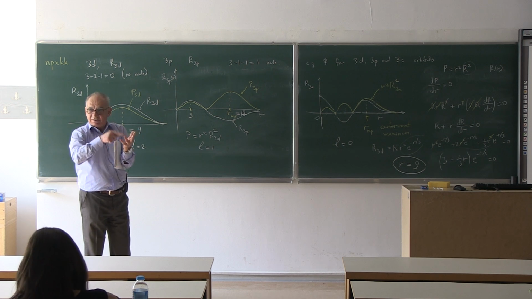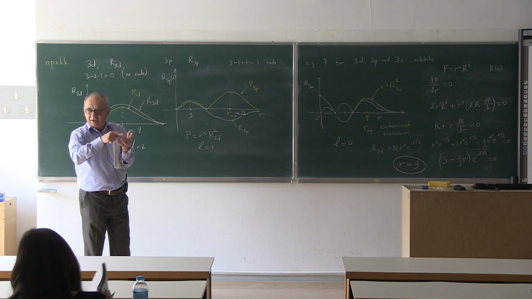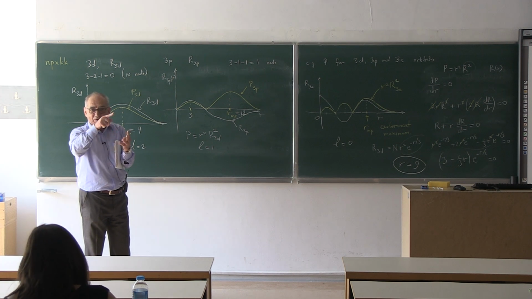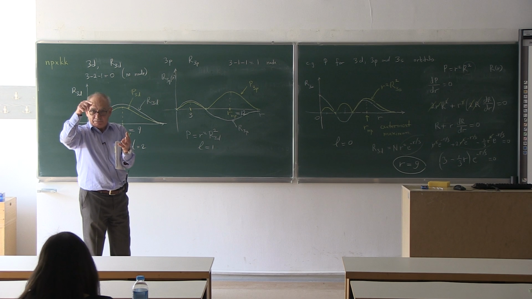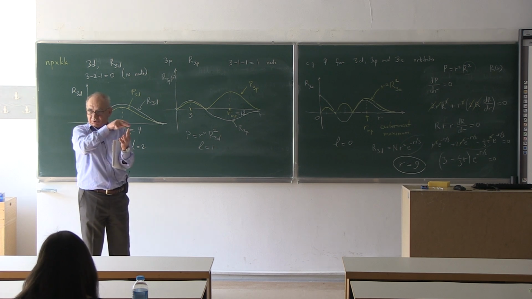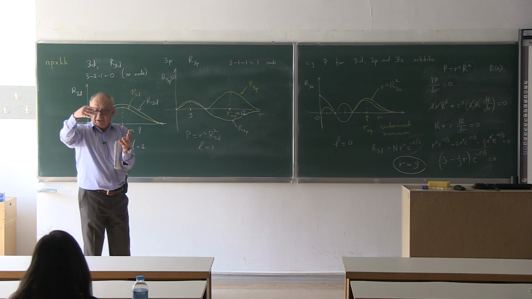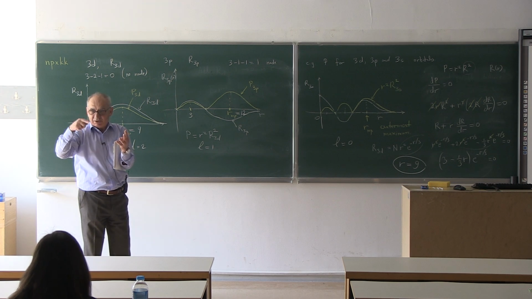One is s, the other is p, third one is d, fourth one is f. All of them have principal quantum number equal to 4. We are comparing these orbitals. The 4f orbital will have the smallest r_mp value. That's what we are saying.